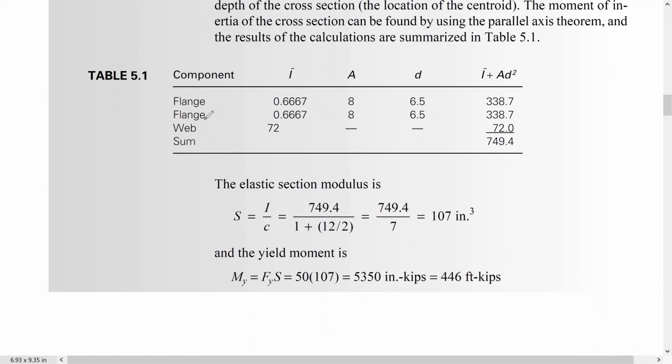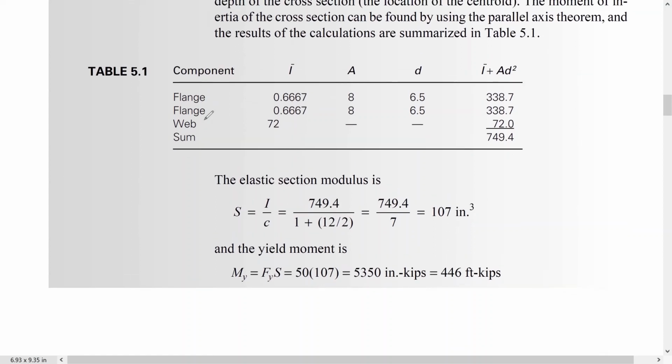So in this table, guys, for the bottom flange, because the bottom flange is like this, we have the width is 8 and the thickness here is 1 inch. So the moment of inertia for this is going to be b times h cubed divided by 12.